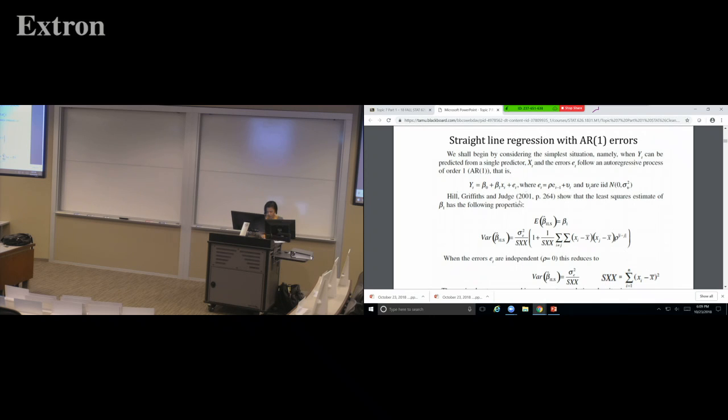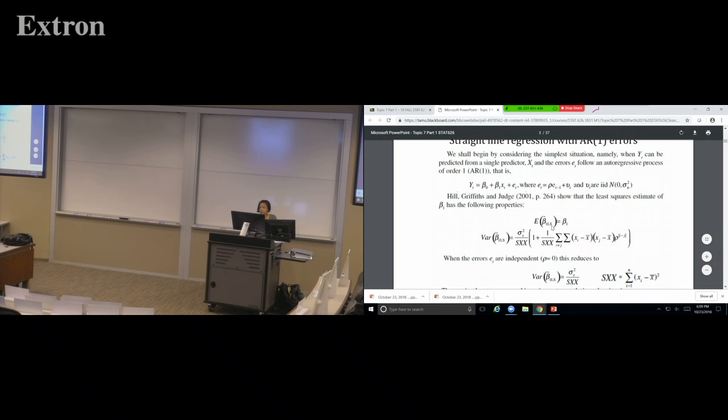Here, Hill, Griffith, and Judge showed that the least squares estimator for beta 1 has the following properties. The expected value of the least squares estimator of beta 1 is equal to beta 1. And the variance of the beta 1 least squares estimator is equal to sigma squared divided by sum of squares xx times this formula.